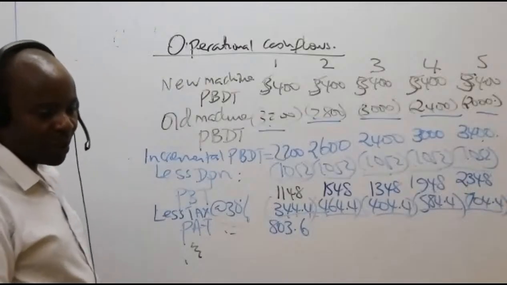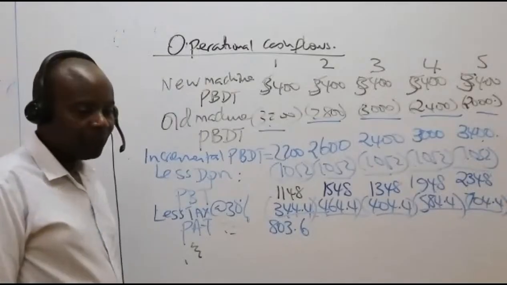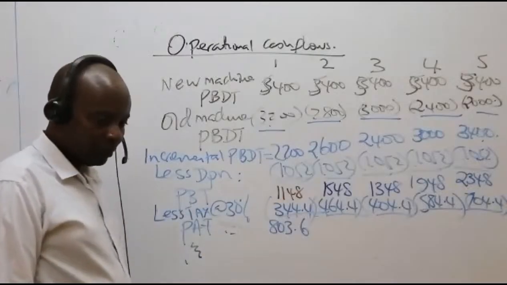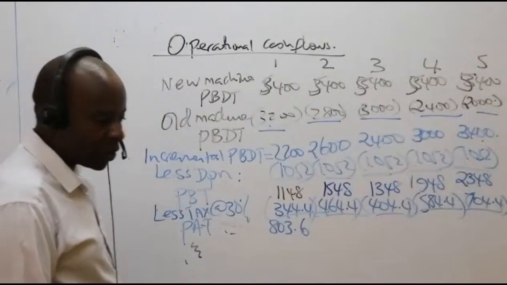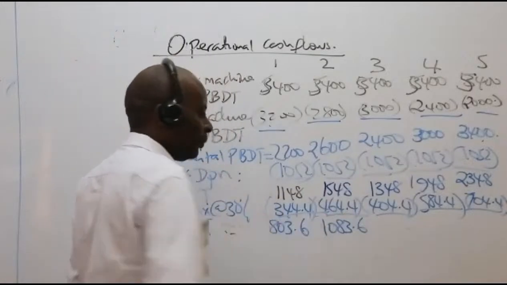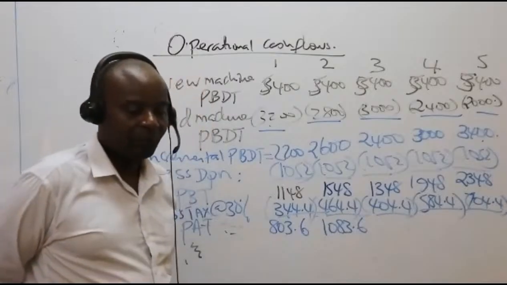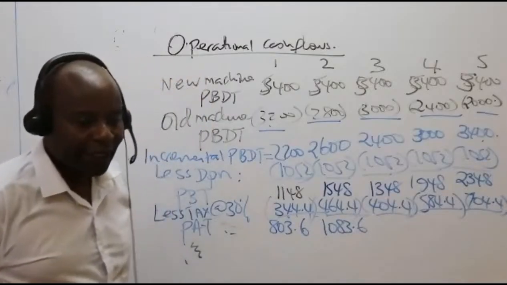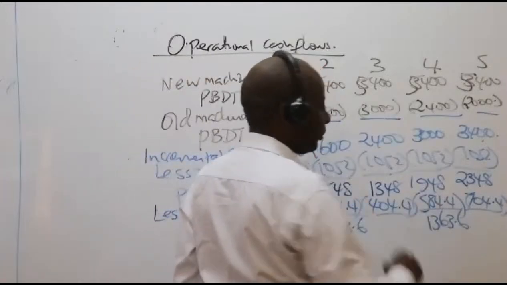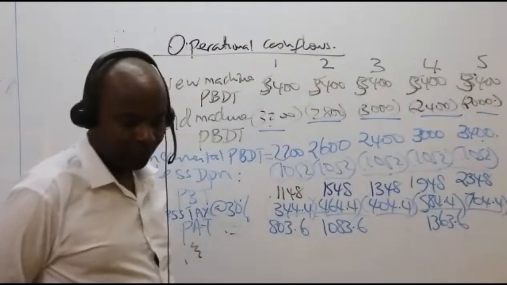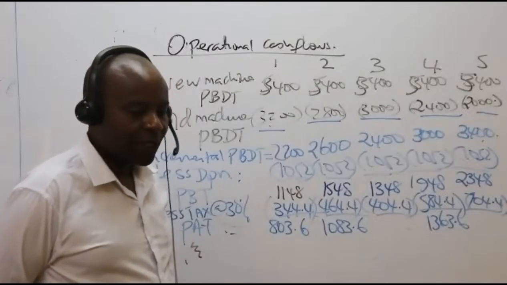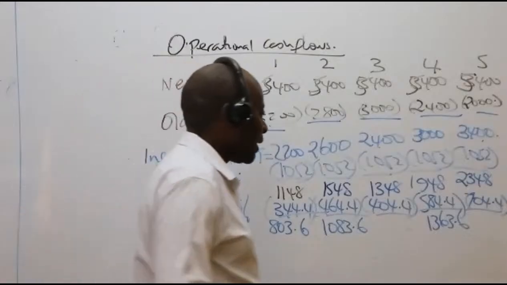So 803.6. The second one, 1083.6. Fourth, 1363.6. 1643.6.